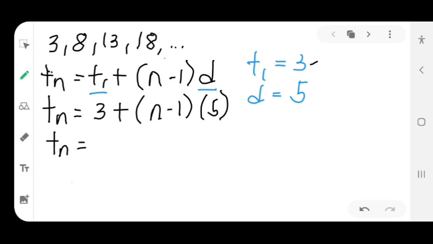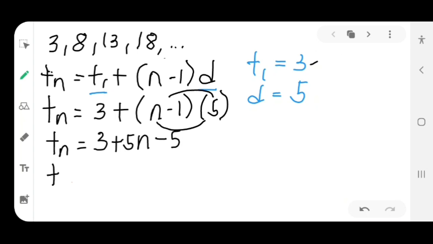So between multiplication and addition, we are going to multiply first. So that is why we need to copy 3. N times 5 is positive 5n. Negative 1 times 5 is negative 5.